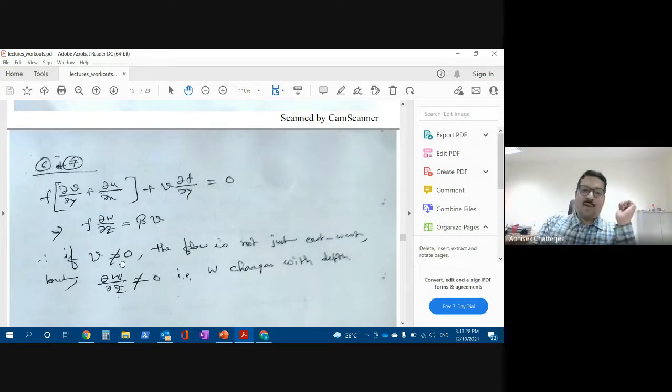So there is a non-zero v. If v is non-zero, the flow is not just east-west, but del W del Z is also non-zero. That means W changes with respect to depth.